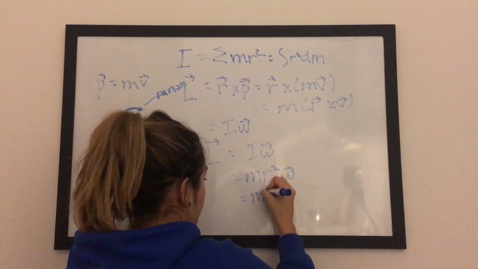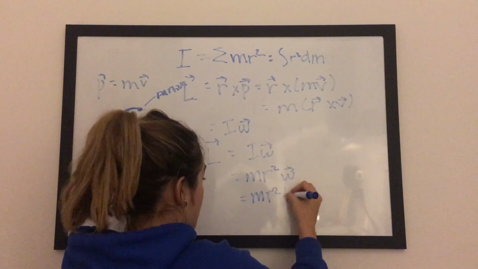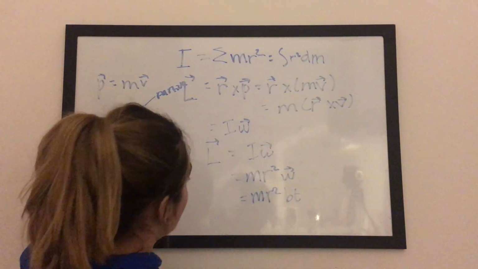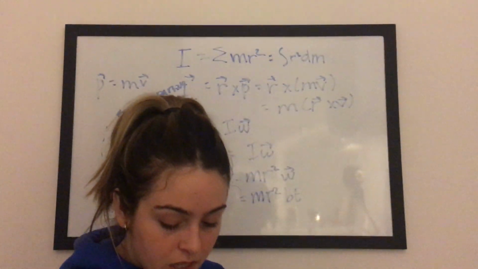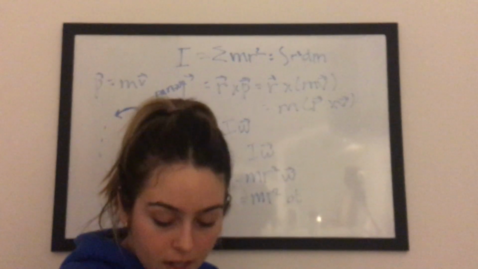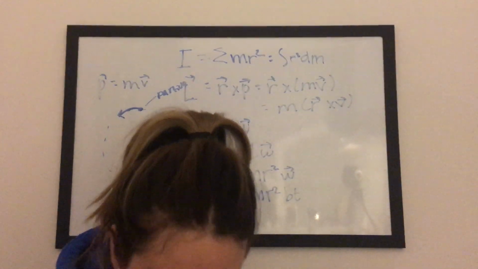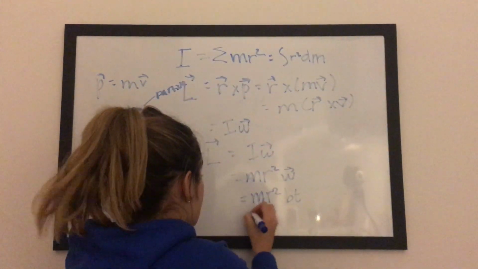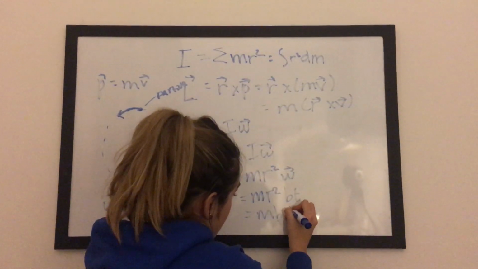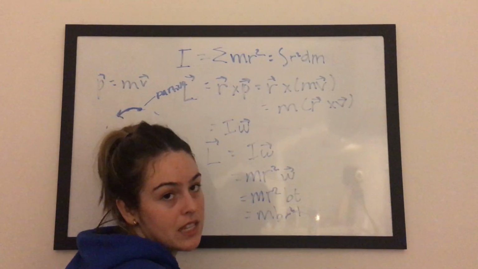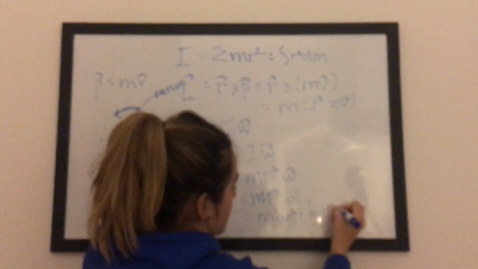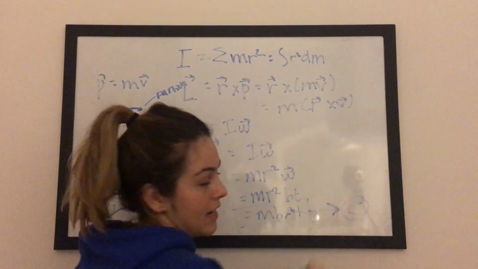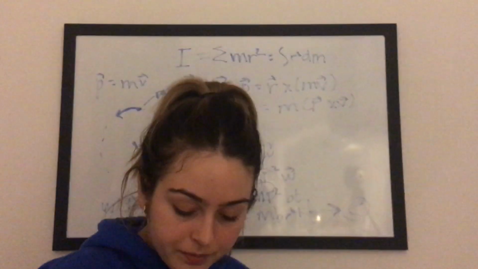So we can go ahead and plug that in, m r squared bt, and then we can go ahead and check the responses, and we see here that option C is written as b m r squared t, but they're essentially the same, they're interchangeable. So we know that option C is going to be the correct answer for this problem.